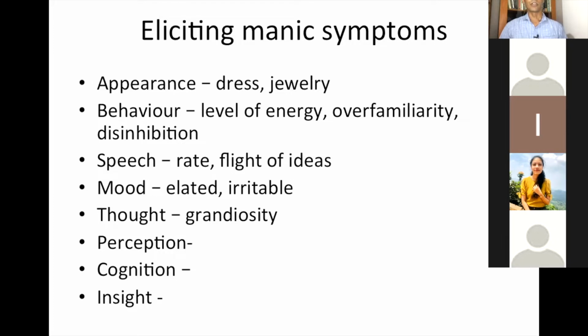If we start with the patient with manic symptoms, in your textbook under appearance, you might have seen that they dress in very bright colors and wear jewelry, and when you look at them, they look quite extravagant. You have to be careful in our setting with this description. Some of them might dress in colorful clothes, and it might give us an idea about their manic cognitions.